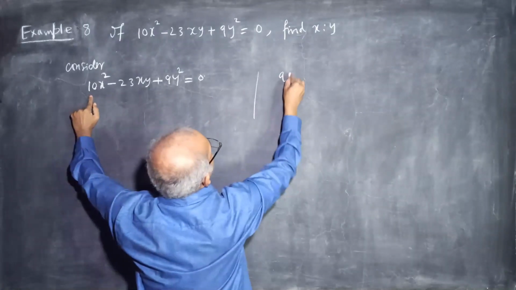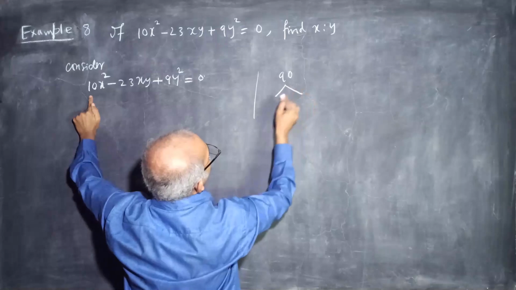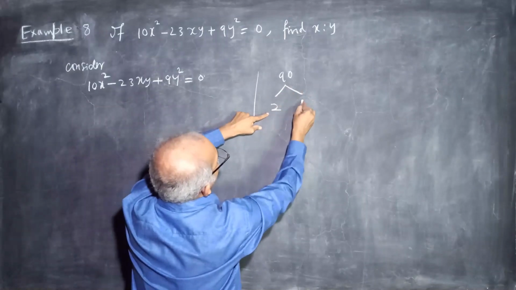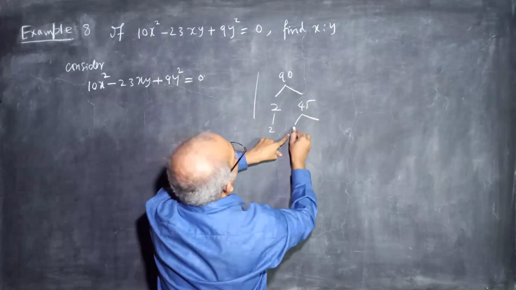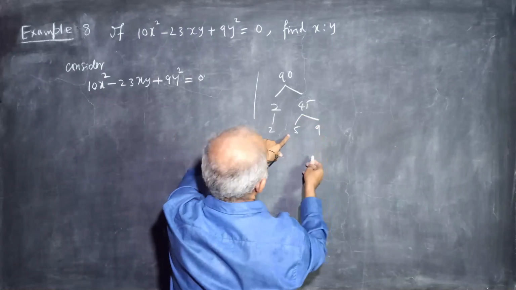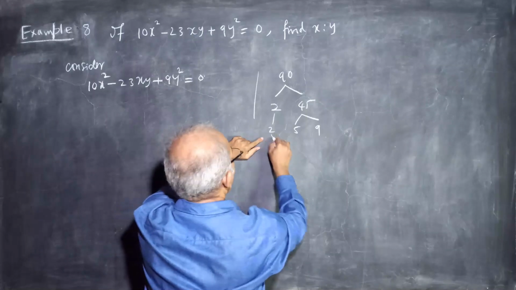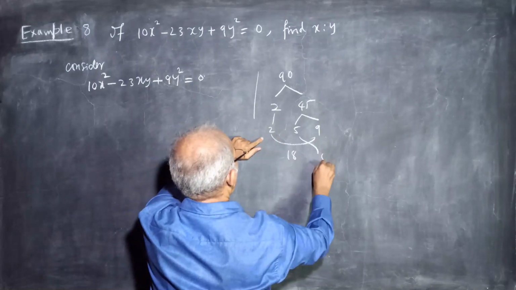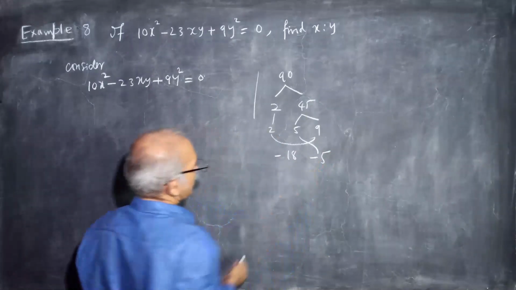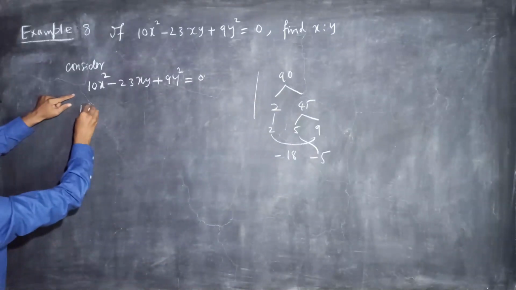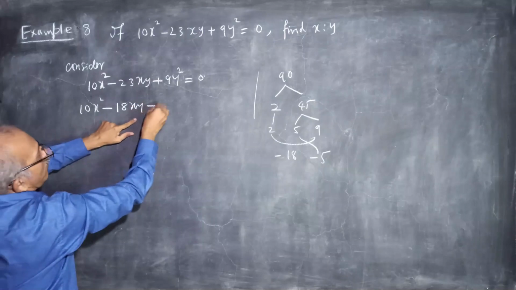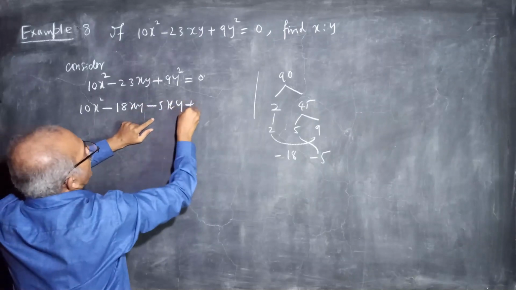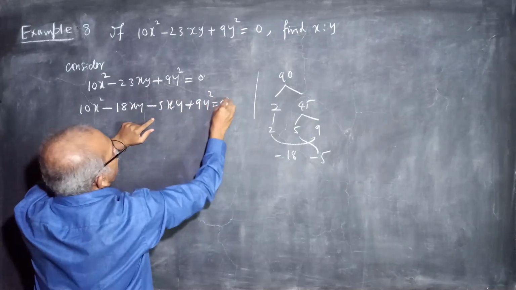So that is 90. Two, 5, 9: so you can write it as 18 and 5. Both must be minus. So 10x square minus 18xy minus 5xy plus 9y square is equal to 0.